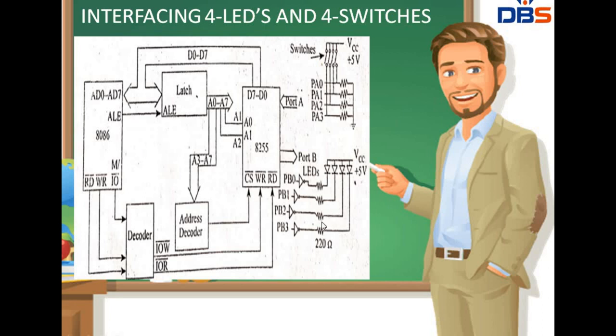To interface these 4 switches and 4 LEDs with the 8086 through the 8255, we are going to use 8-bit address lines to address the 8255, and hence the address decoder decodes the address bus, that is A0 to A7.